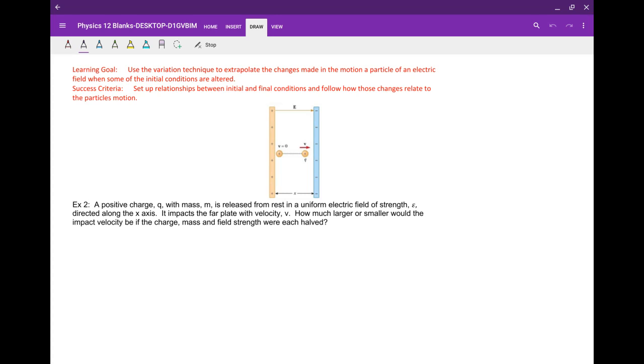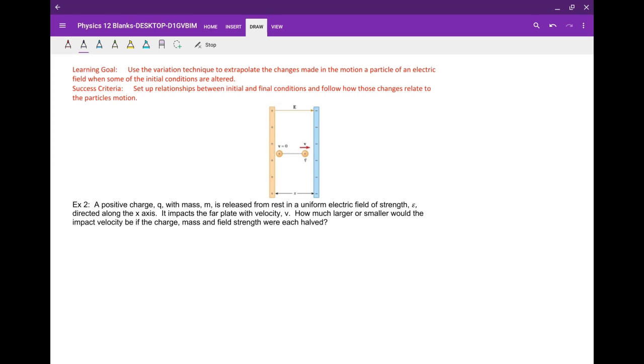All right. So here, it looks like we've got a positive charge Q. It's got a particular mass, and is released from rest in a uniform electric field, directed along the x-axis. It impacts the far plate with a velocity of v.